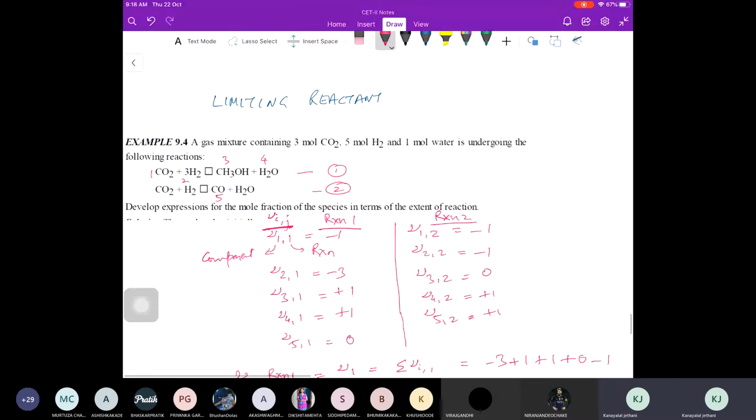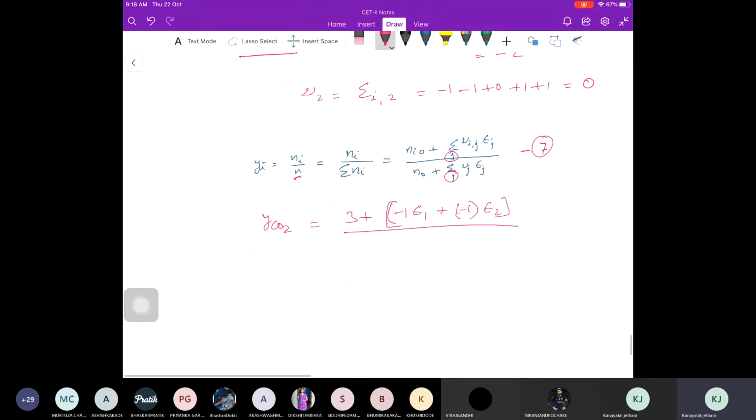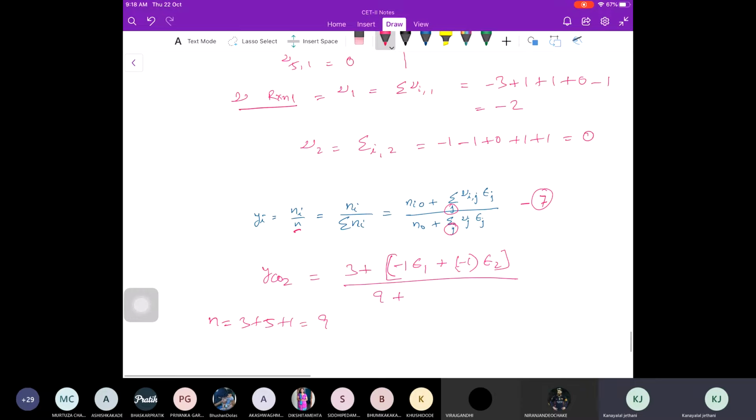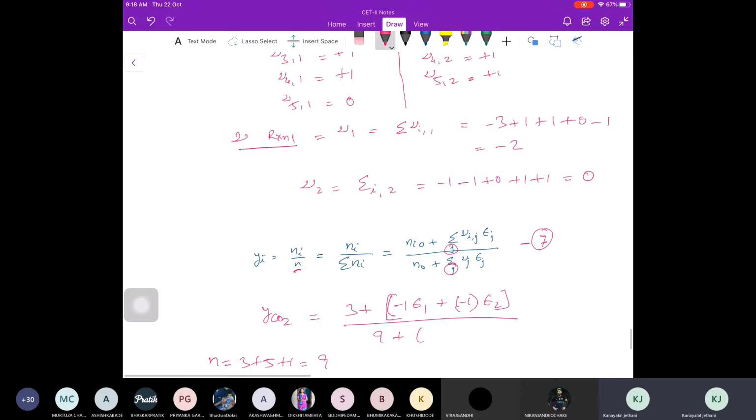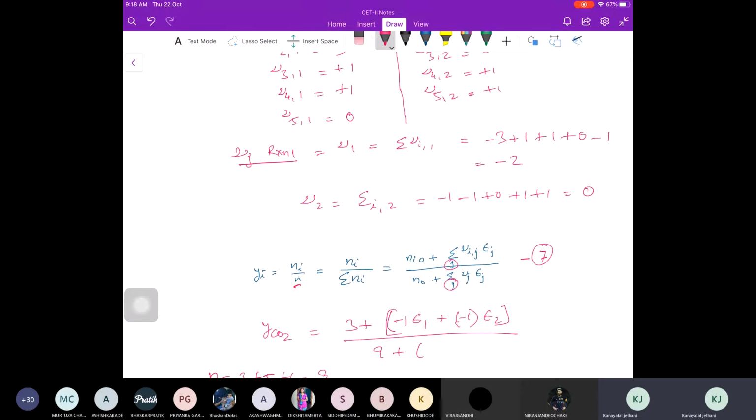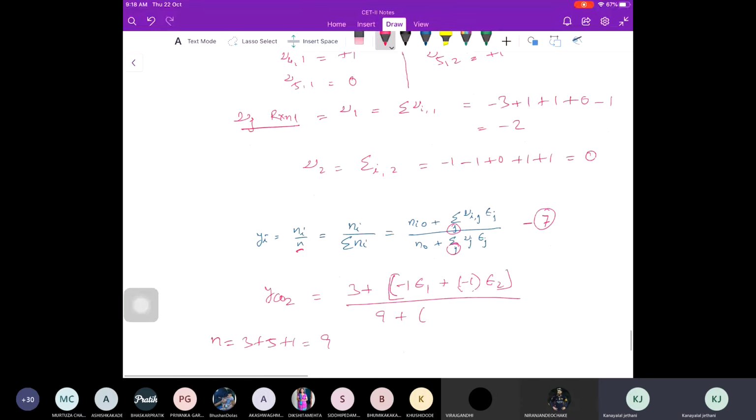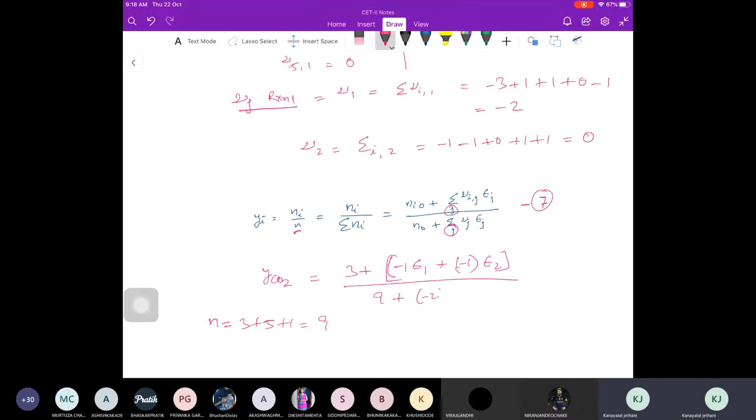So n0 is 9 plus summation over j of nu j, this is nu j, right? So minus 2 into epsilon 1 plus again minus 1 into epsilon 2.